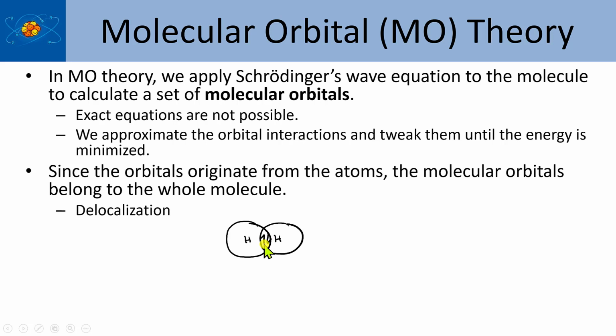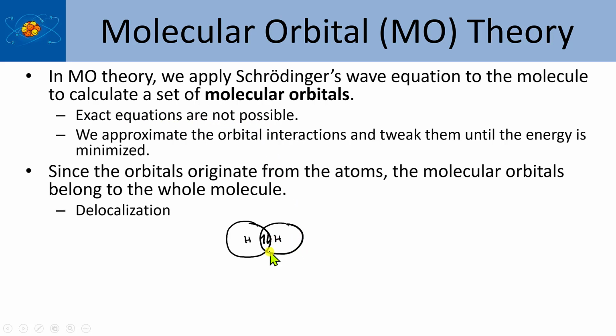What molecular orbital theory does is when the two cups merge, or the two atoms merge, the electron clouds also merge. And so we get what's called a molecular orbital that extends throughout this whole molecule. With quantum mechanics, as with a lot of the calculations in quantum mechanics, it turns out exact equations are not possible.